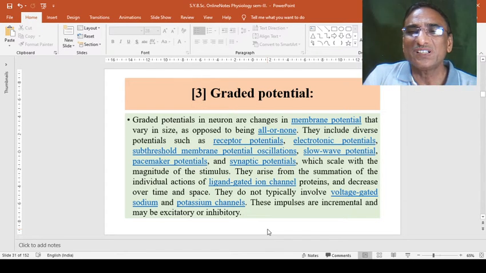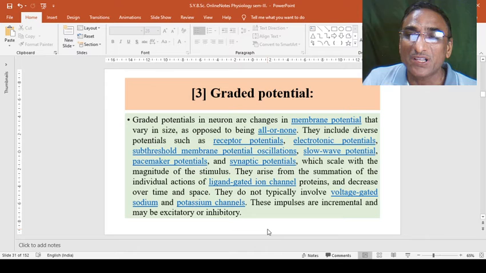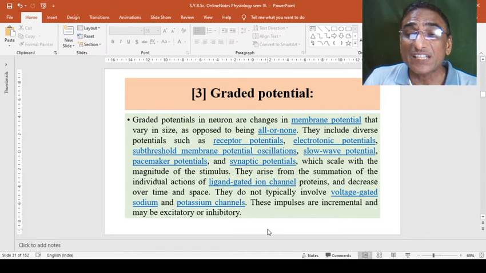They include diverse potentials such as receptor potentials, electrotonic potentials, subthreshold membrane potential oscillations, slow wave potentials, pacemaker potentials, and synaptic potentials.